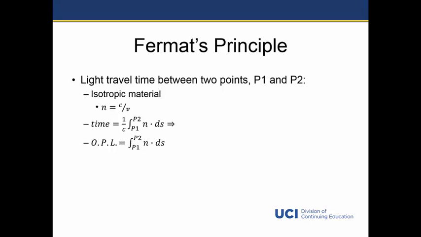So if we want to find out the time it takes for the light to get from point P1 to point P2, we simply integrate over the path from P1 to P2, the index times the path, the direction vector, divided by the speed of light.